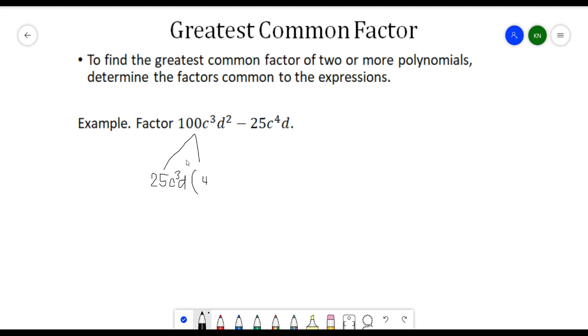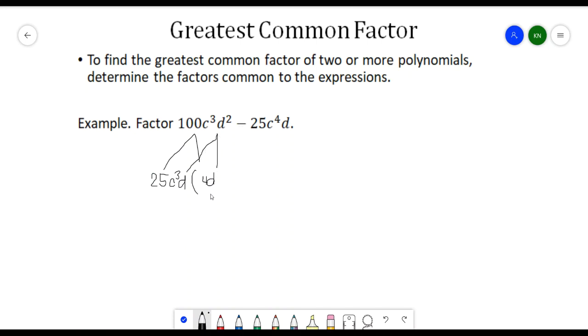Multiplying c cubed by 1 gives the same c cubed, so there's no need to write it here. If you divide d squared by d, that gives only d. So that gives us 4d.